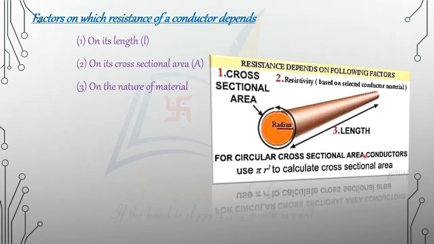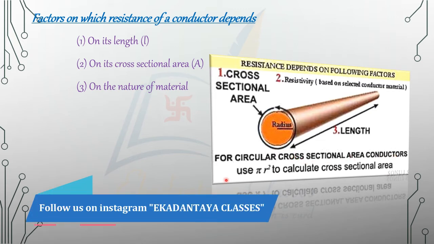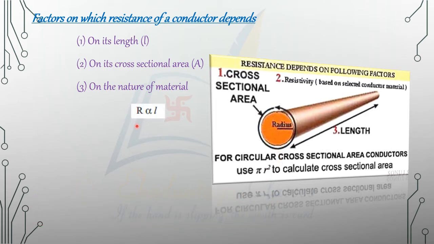For a circular cross-section, the area is πr², the formula for the area of a circle. Let's use some relations.